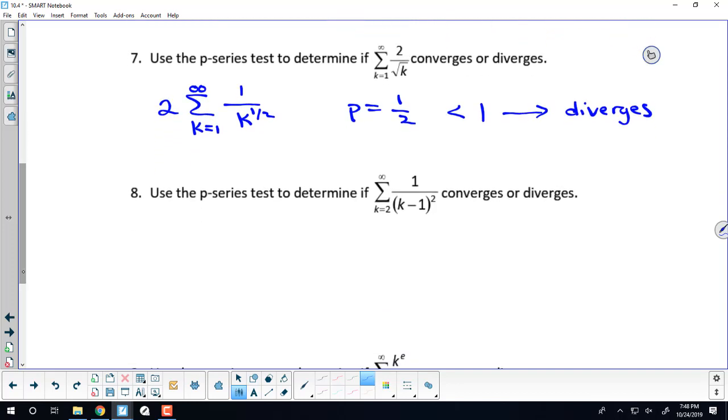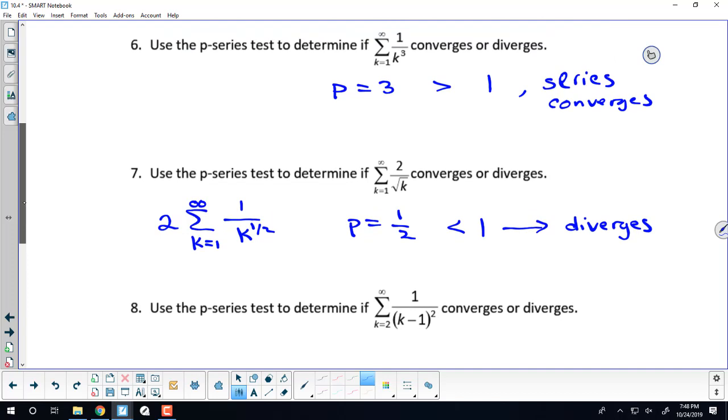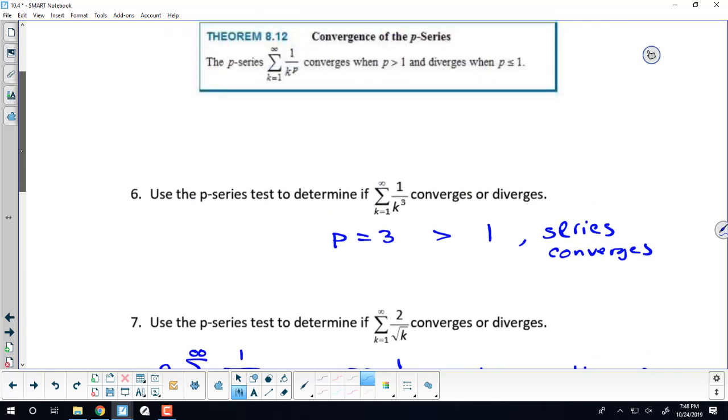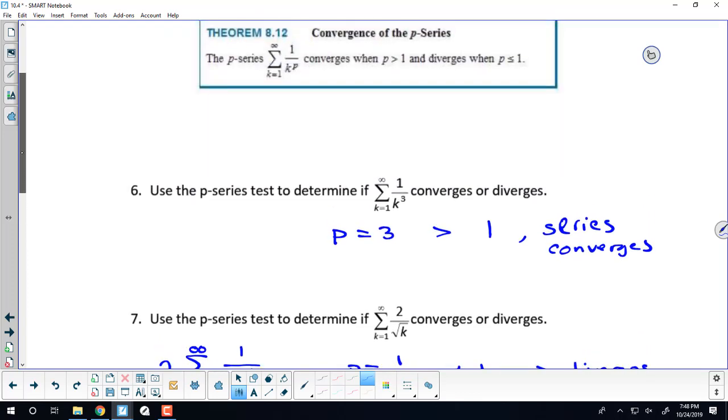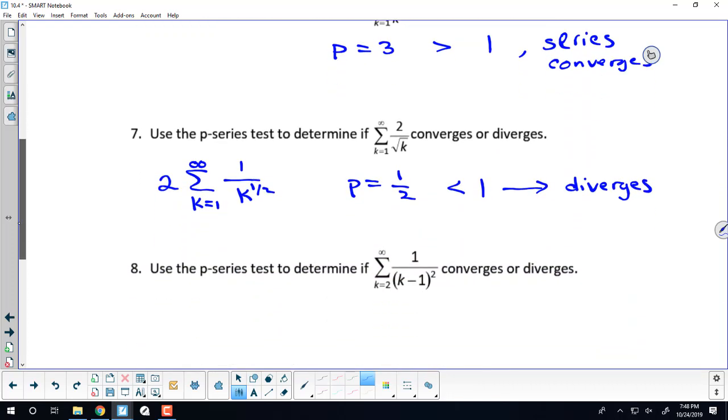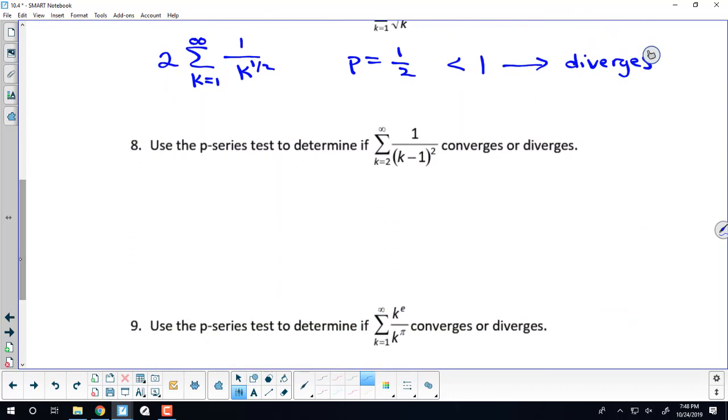But how about example 8? So can we say it converges because the power is 2? We wouldn't necessarily have to compare it, but 1 over (k minus 1) squared is definitely not 1 over k to a power, right? So the trick here is to just shift it.